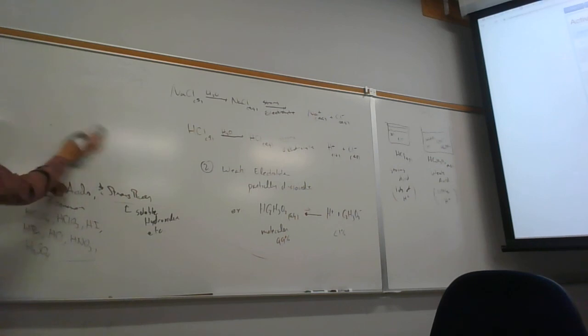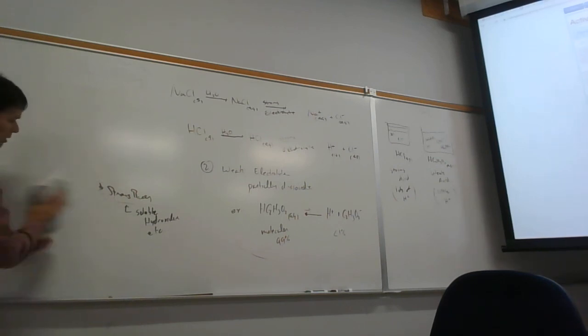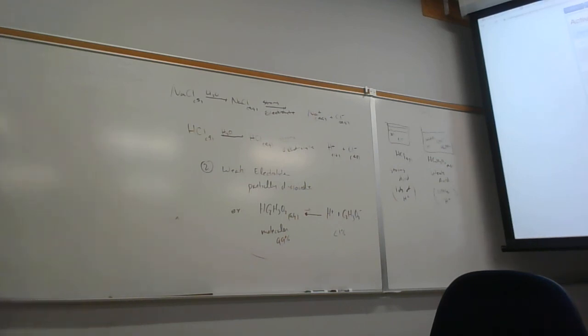The last type of electrolyte is called non-electrolyte. Non-electrolytes don't break apart. So a non-electrolyte would be something like sugar.